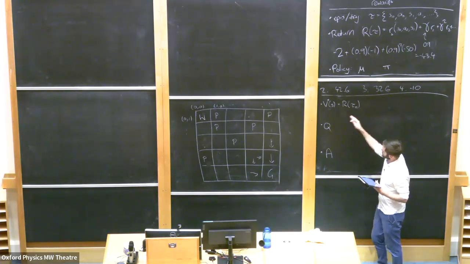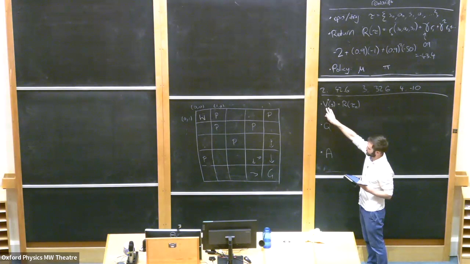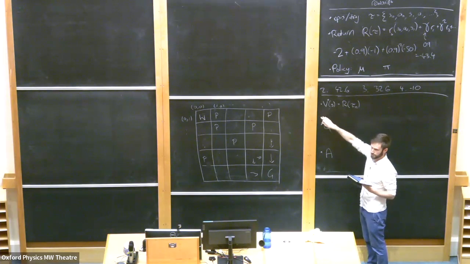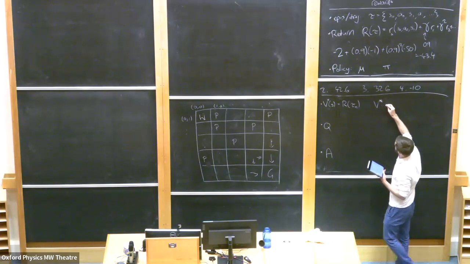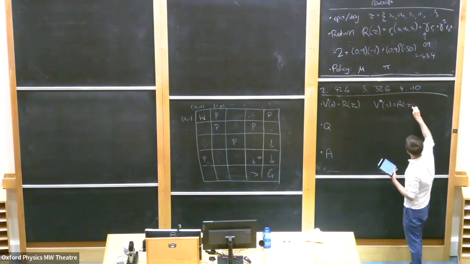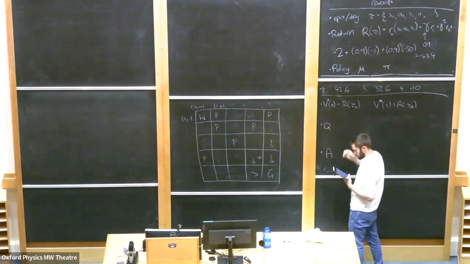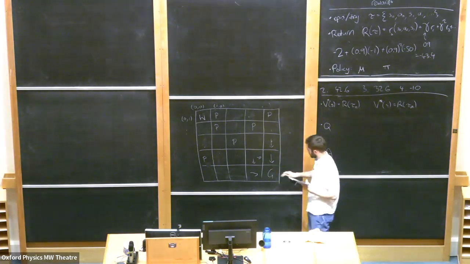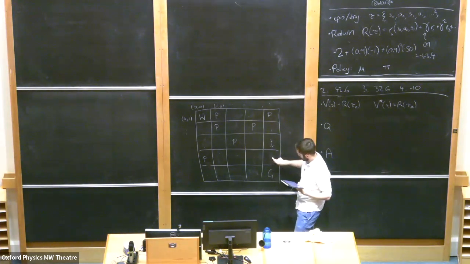So if you fix a policy, then every point has a certain value, because if you're going to act according to that policy, then it might be a bad state to be in or a good state to be in. And then there's an optimal form of the value function, which is V star, which is if you act according to an optimal policy. So for example, if you start here and you act according to an optimal policy, you'll just go straight down here, which will give you 100.